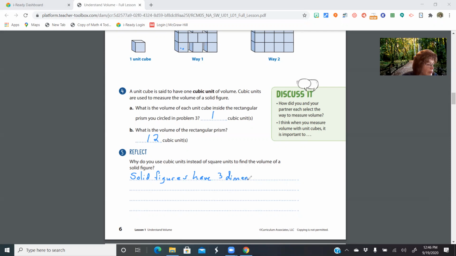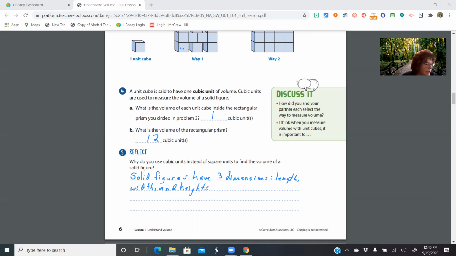They have a length, a width, and height.